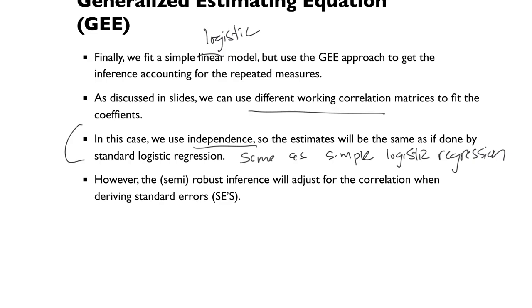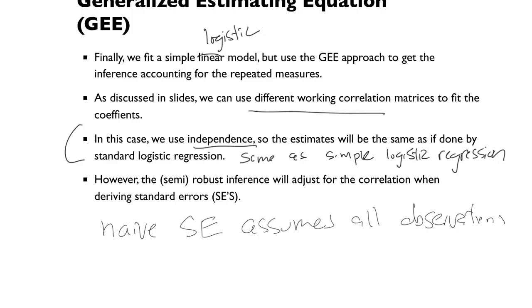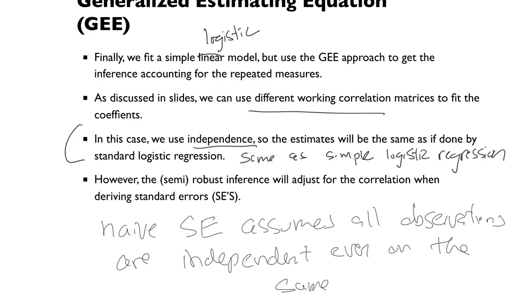In this case, if I assume independence as a working correlation, it's going to assume all observations are independent, right, when it gets its naive standard error. So naive, even on the same subject.